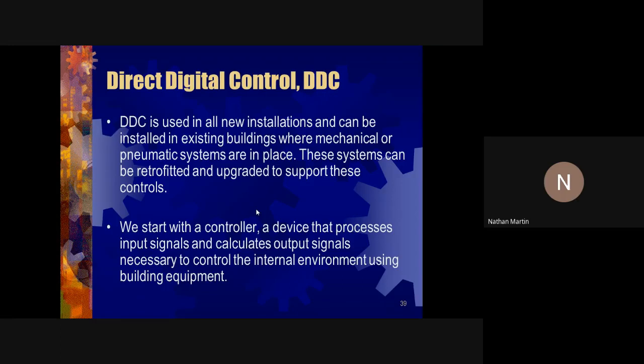We start with a controller, a device that processes input signals, which we all know for persons who know digital signal processing, and calculates the output signal necessary to control the internal environment using the building equipment. A lot of the time, when you go into these new modernized buildings, you will see a building management control console in a control room where they can do everything.